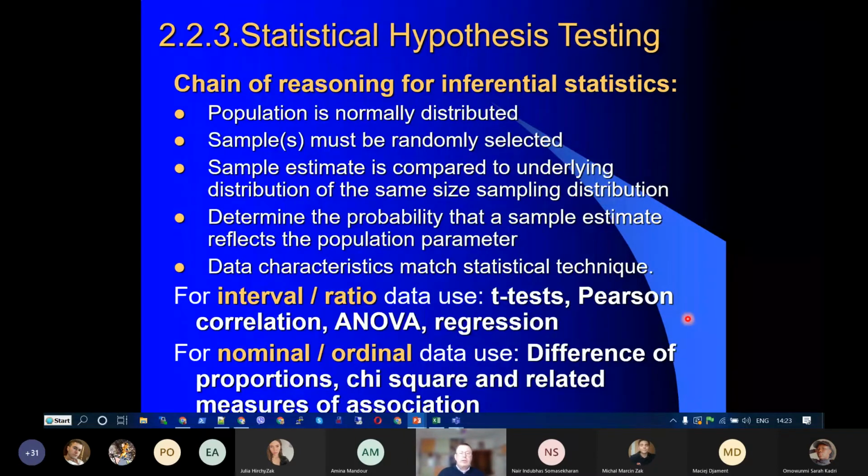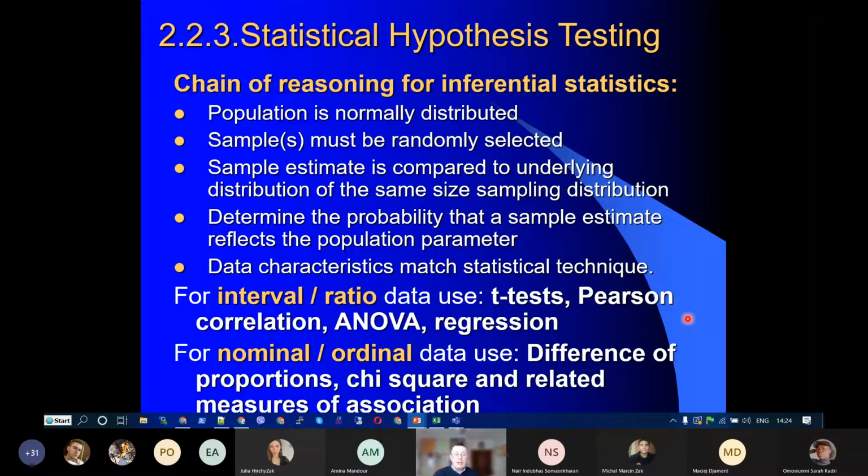Okay, so the reasoning for inferential statistics: we assume the population is normally distributed, but because they are not, various ranks may have to be applied. Samples must be randomly selected, and the estimate is compared to the underlying sampling distribution of the same size to determine the probability that the sample estimate reflects the population parameters.